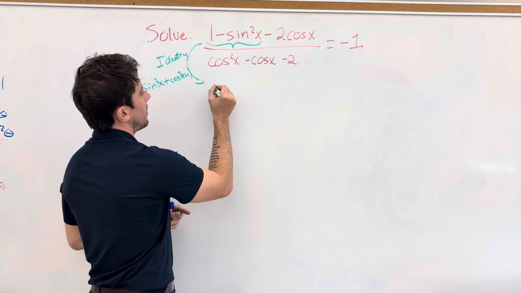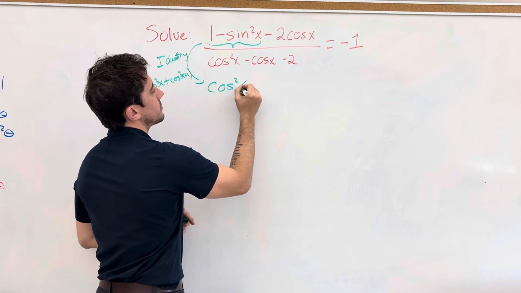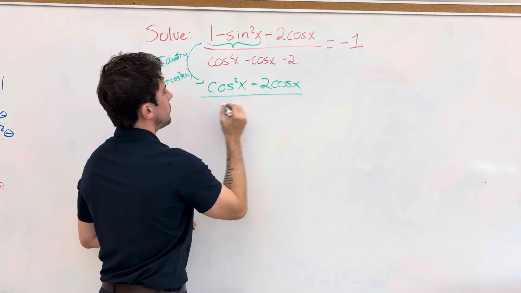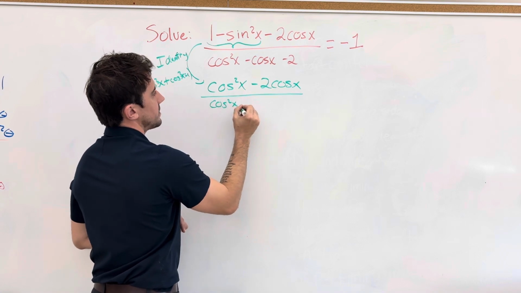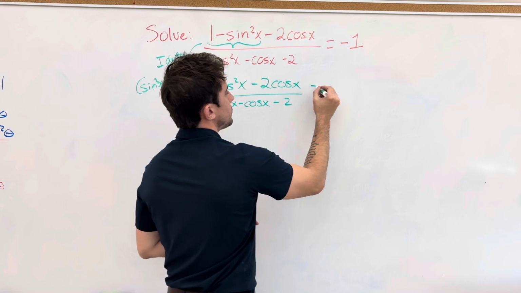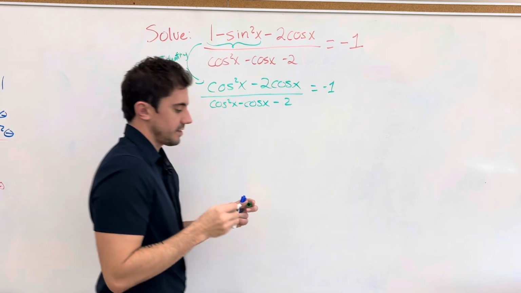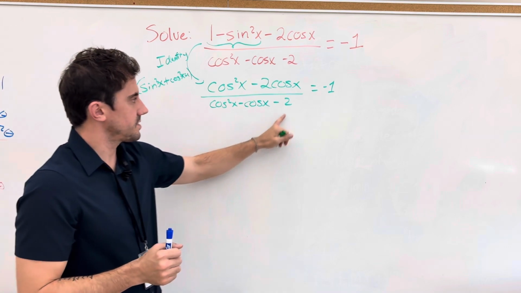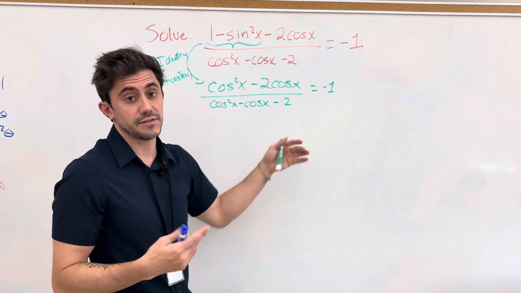And so now our equation reads cos squared x minus 2 cos x all over that very same denominator, cos squared x minus cos x minus 2. And all of that is equal to negative 1, right? Now you might notice that these are quadratics in both the numerator and denominator, so we can factor them.